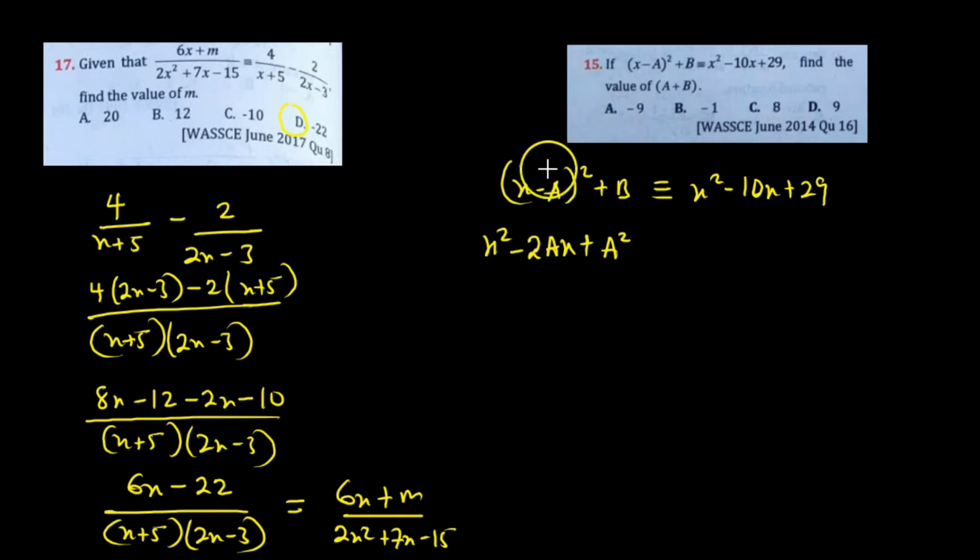Remember, we've done expansion of factors. Then we have plus b, and this must be equivalent to x squared minus 10x plus 29.